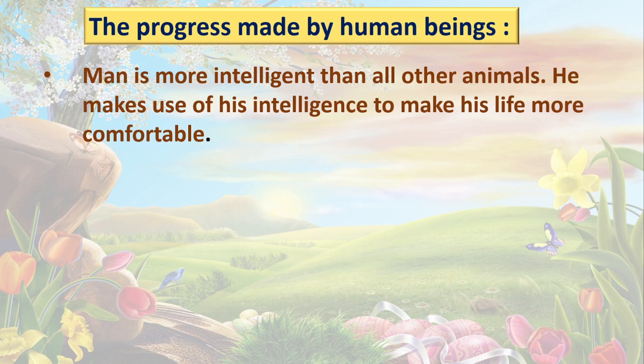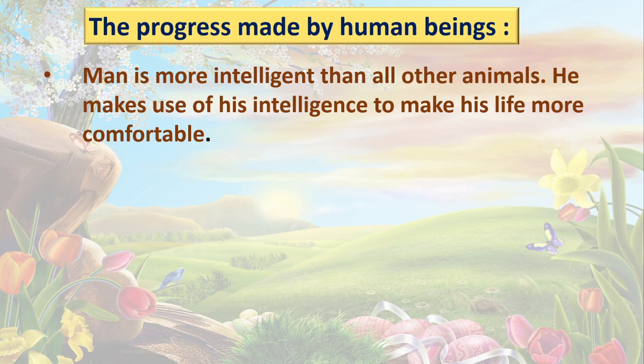Man, then animals and birds, insects, etc. But among them, man is more intelligent than all other animals. He makes use of his intelligence to make his life more comfortable. He is very greedy. He needs comfort in his life.